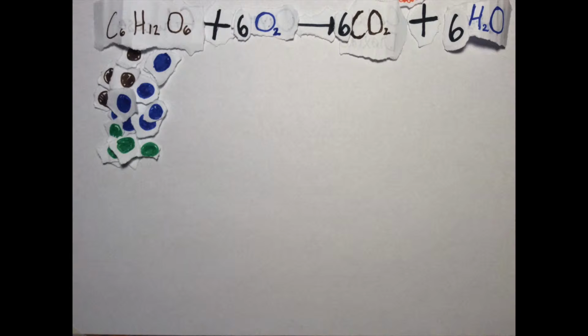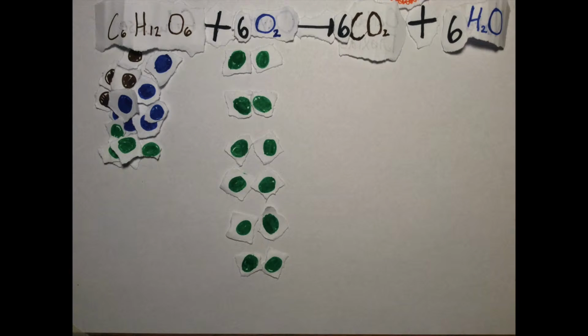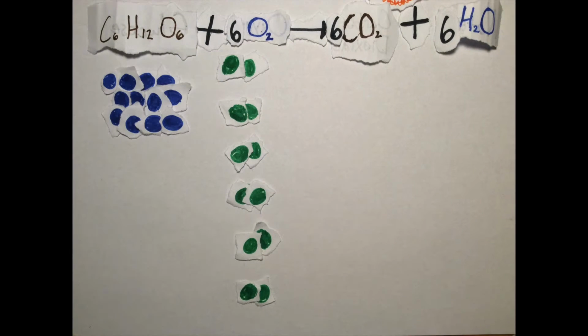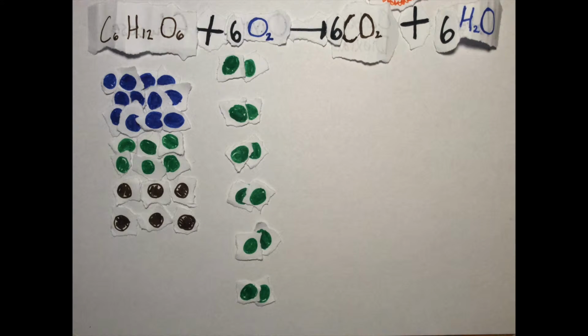Then for the O2, we have 2 oxygen atoms for each one, but since we added that 6 in front of there, we have 6 of these individual O2 molecules. Now usually these are all bound and bundled up together and disorganized, but for this illustration we're going to organize them. So you can see here that there are 12 hydrogen, 6 oxygen, and 6 carbon.